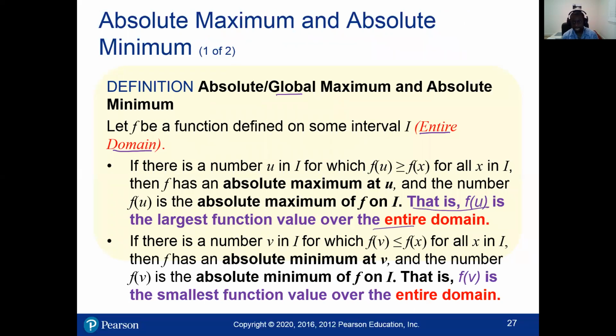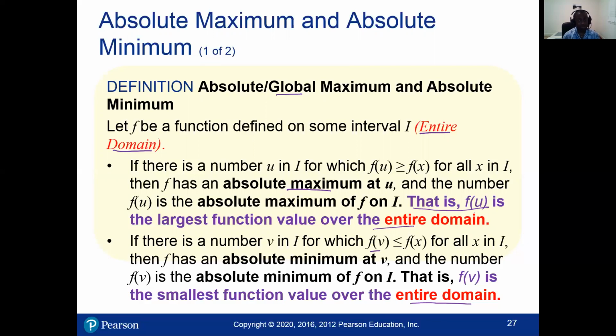It says if f of u is the largest function value over the entire domain, then that function value is what we call the absolute maximum. And if f of v is the smallest function value over the entire domain, then it is called the absolute minimum.